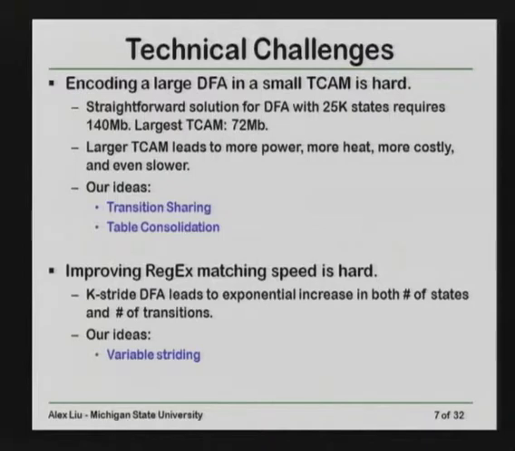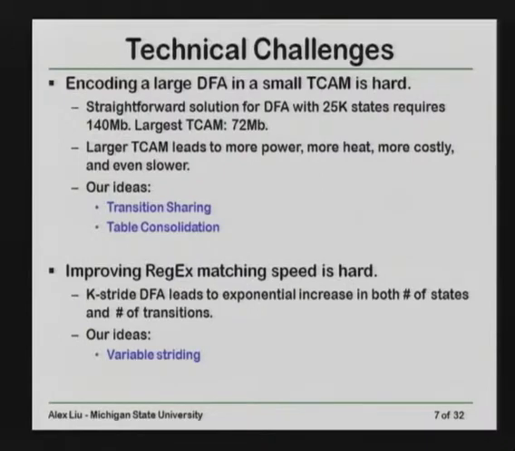So there are 2 overall technical challenges in TCAM-based regular expression matching. One is that encoding a large DFA in a small TCAM is very difficult. The straightforward solution, which I will go over, for a DFA with say 25,000 states will require 140 megabits of TCAM, and the largest TCAM available on the market right now is 72 megabits.